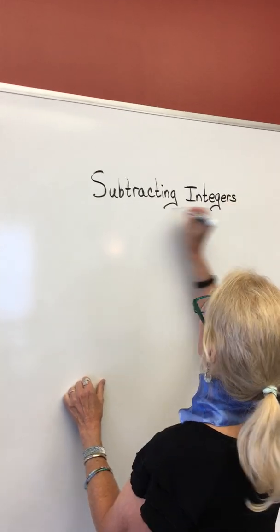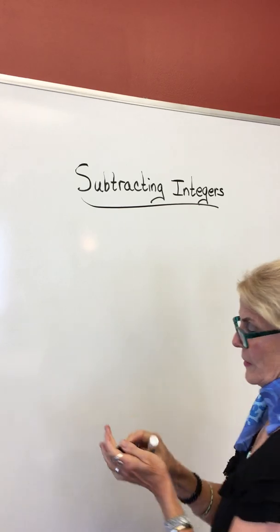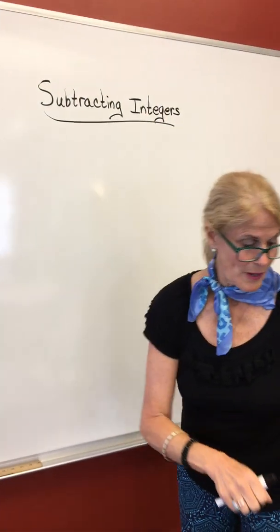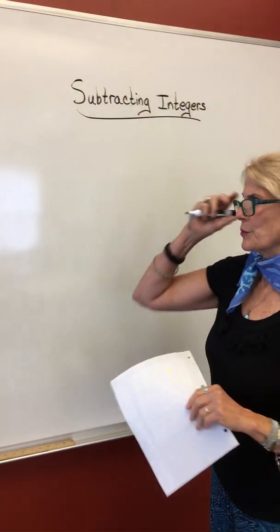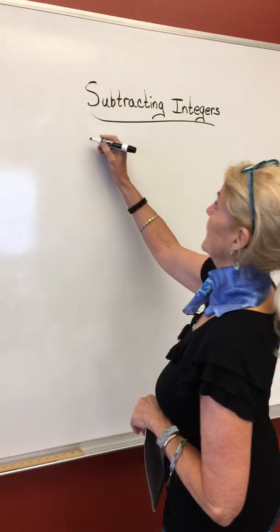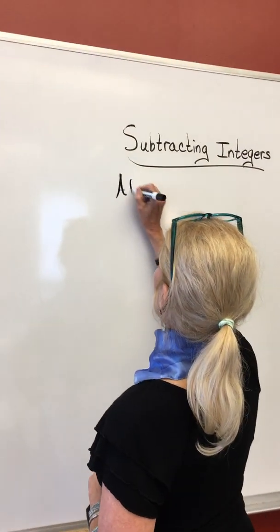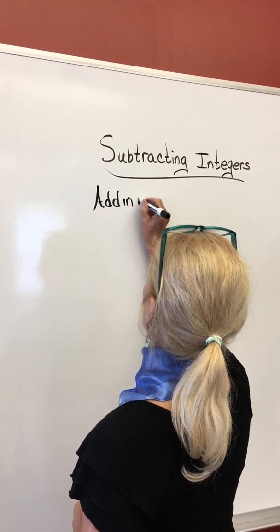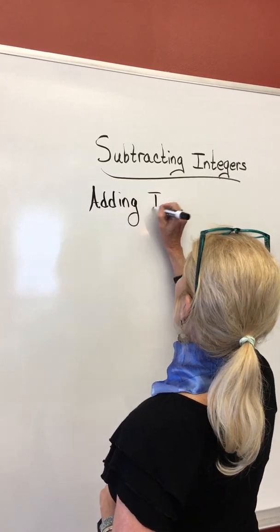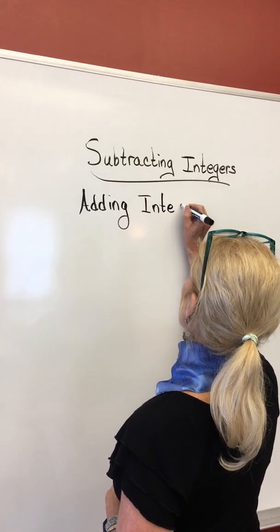So we've already done addition with integers, right? So we might want to review our rule about adding integers. That should be in your composition book. So let's just review that for a moment.